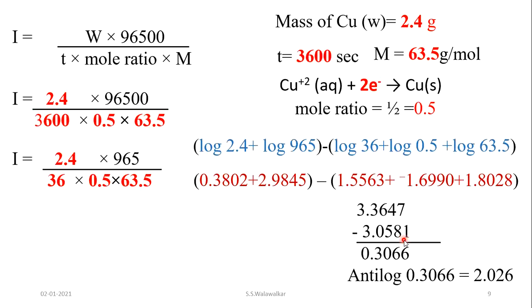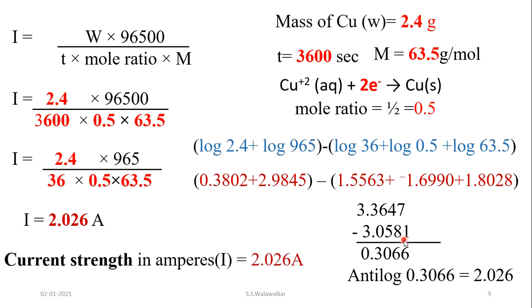So antilog of 0.3066 is 2.026. So current is how much? Therefore I is equal to 2.026 ampere. So current strength in ampere is equal to how much? 2.026 ampere. So like this you can calculate current strength.